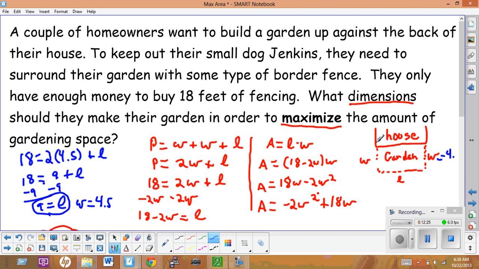Let's go to the other side, write it above it. All right, if we make our garden with a width of 4.5, so this distance is 4.5, and our length of 9, and this is 4.5, we will have a max area of 40.5.